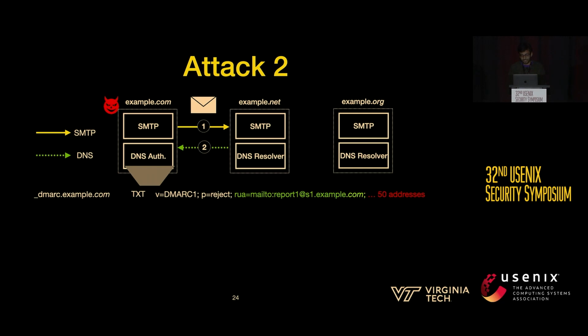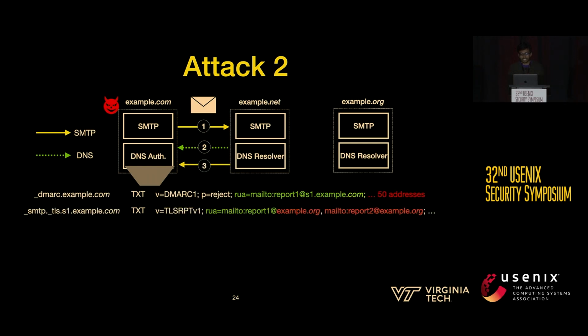So if the recipient supports DMARC reporting, it is going to send a DMARC report back to example.com. The attacker can intentionally break their TLS configuration or strip the STARTTLS support, which will invoke a TLS-RPT lookup by the recipient if the recipient supports SMTP TLS reporting.